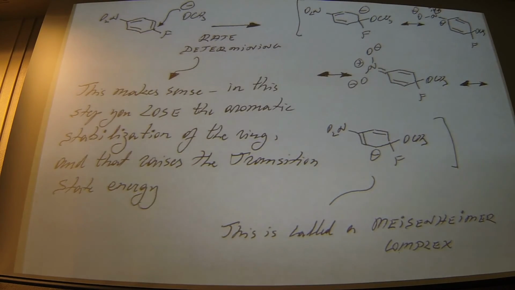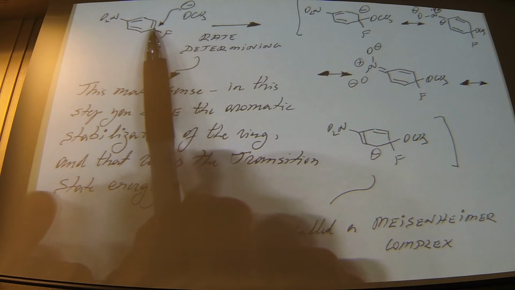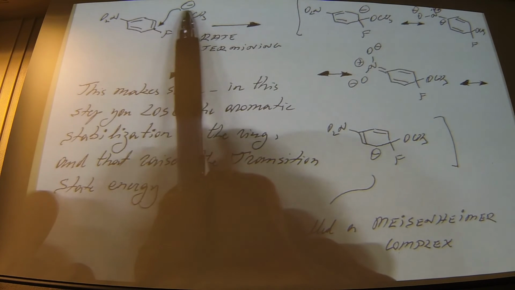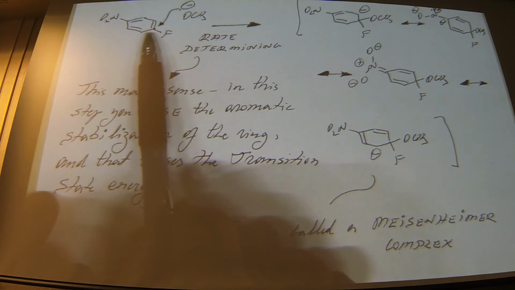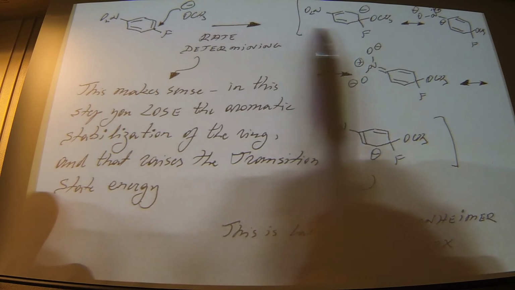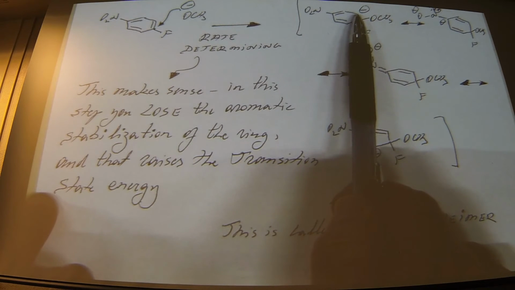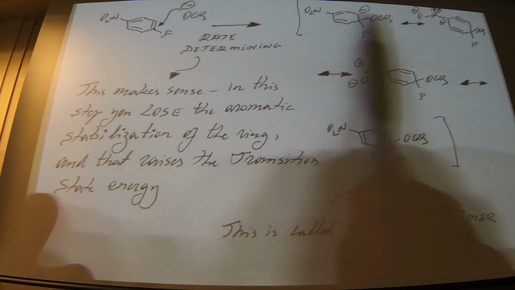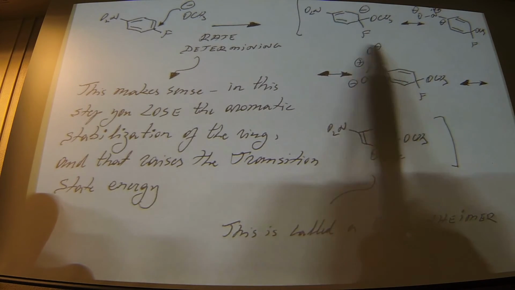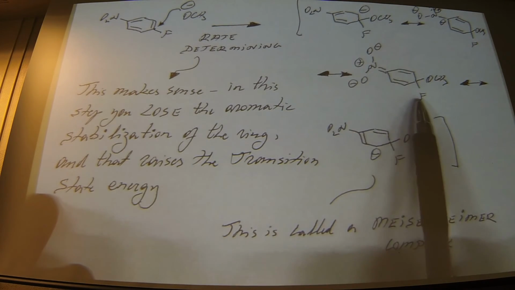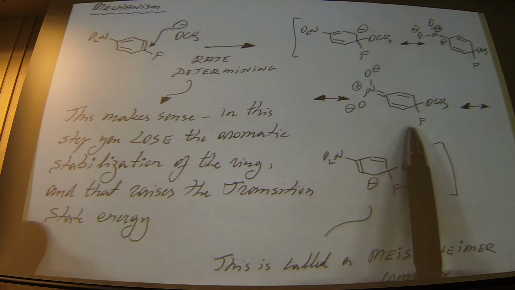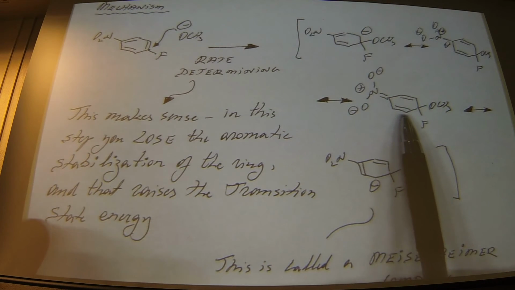Now you can see why the para position had to be the one that has the nitro group. Why is that? Well, because I'm doing a substitution of this fluoride, right? So the nucleophile has to attack this carbon atom. That leads to a negative charge on the adjacent carbon atom, which I can delocalize all the way into the nitro. This, of course, is going to be the important resonance structure of all four of them. Because why?